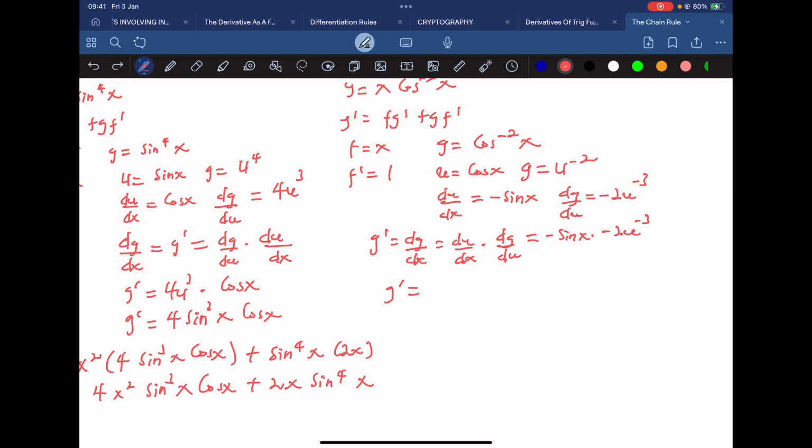So you have 2u to the negative 3 multiplying sine x. But we know that in this case our u was cosine of x. So we have 2 cos to the negative 3 of x times sine of x.